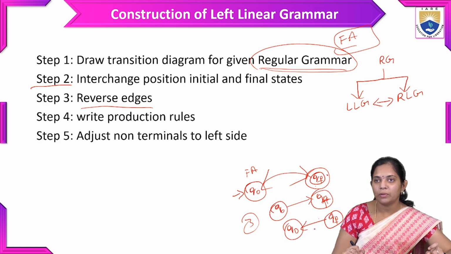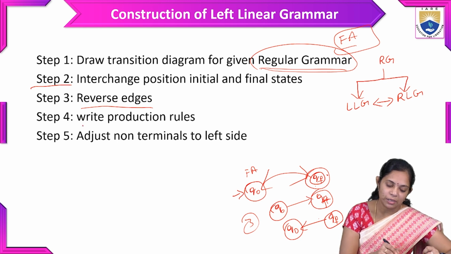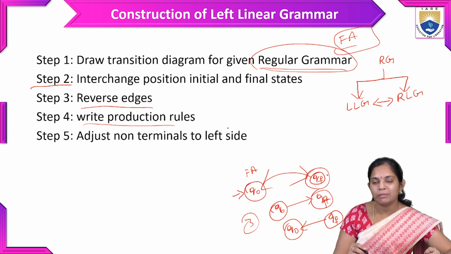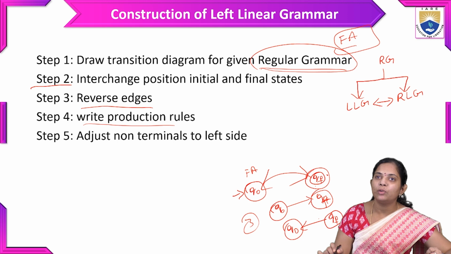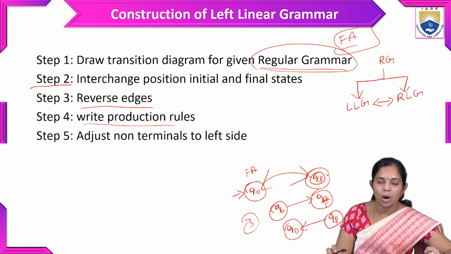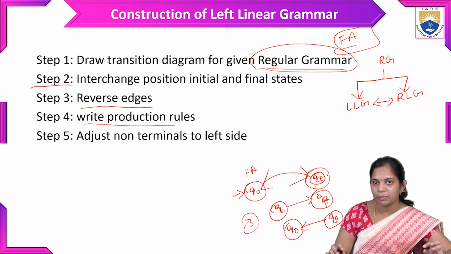That is how we are reversing the edges in the finite automata. And next, write the production rules. After reversing all the edges in this finite automata, we have to write the production rules. How to write the production rules from the given finite automata we already discussed.